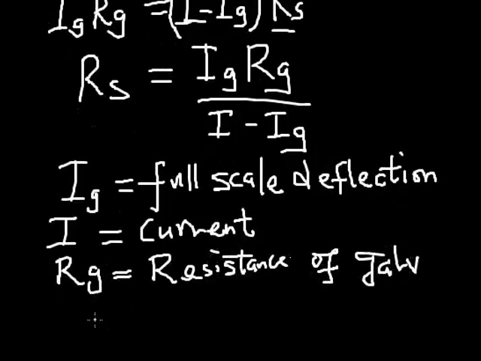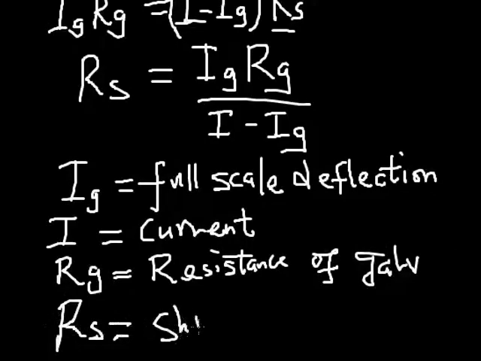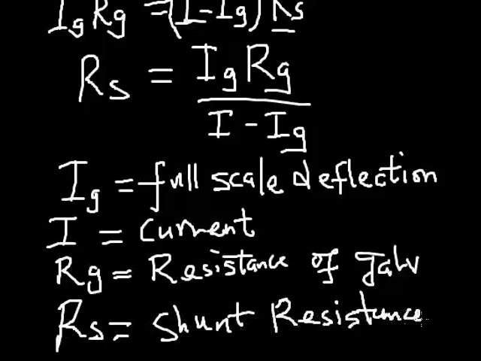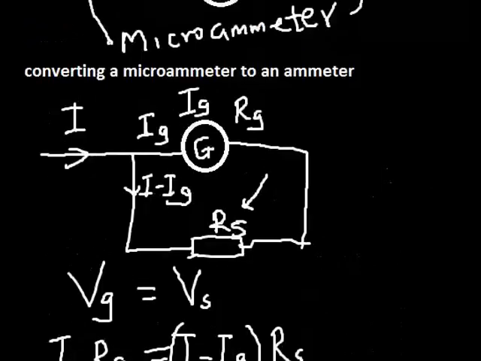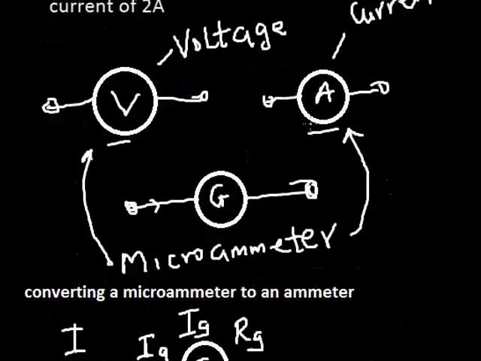And of course, Rx is the shunt resistance. All right, so please take note of that. So take note of this formula. That's how we can construct an ammeter from a galvanometer or microammeter.